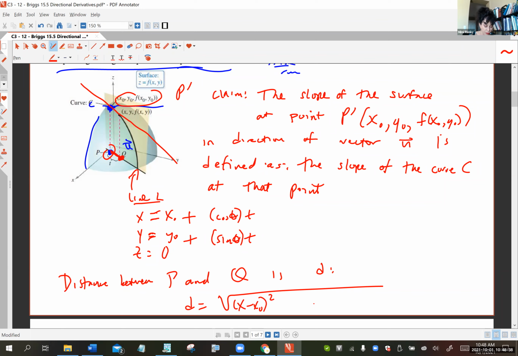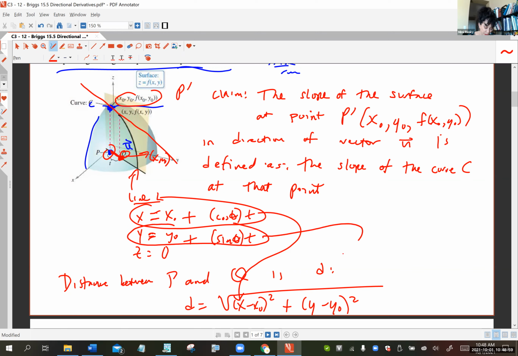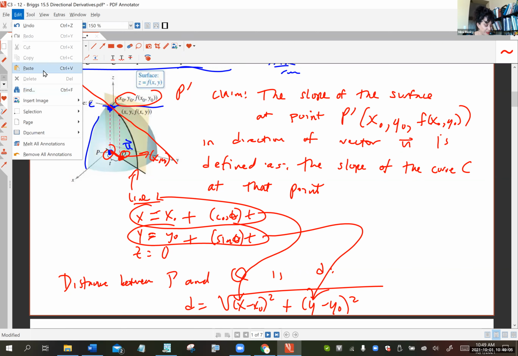Q just has arbitrary x, y as coordinates, plus y minus y naught squared. But we already know something here. X, since it's on the line, if we substitute that parametric equation for x, and then we do a similar thing where we substitute y, which is equal to y naught plus sine theta t, some stuff is going to cancel.